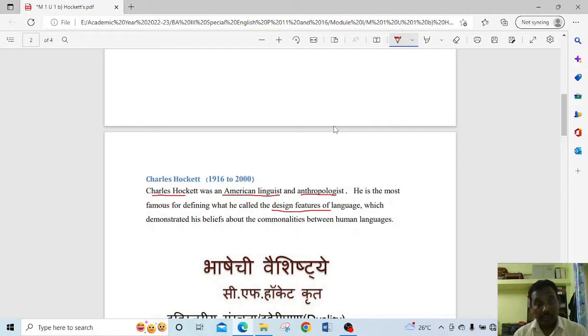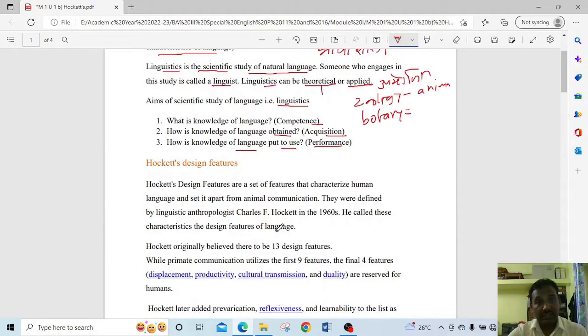So every language shows these features. We have to study these design features. Hockett called these features of language design features. And these features characterize human language and set it apart from the animal communication system.